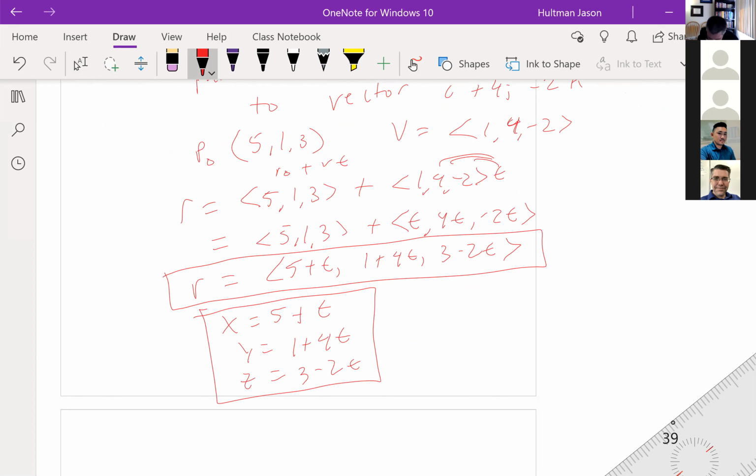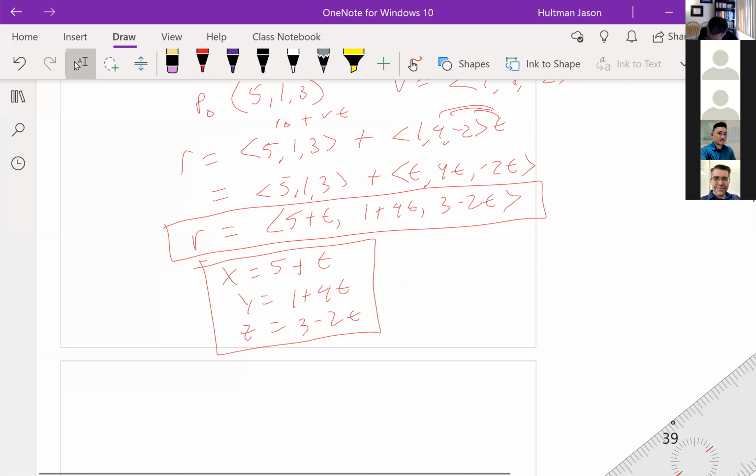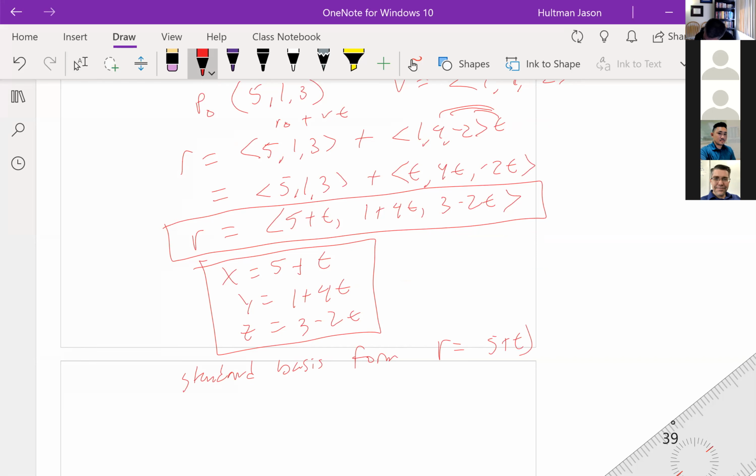Now we could put this in standard basis form as well. Instead of component form, we could write r equals (5 plus t)i plus (1 plus 4t)j plus (3 minus 2t)k. We could do that.